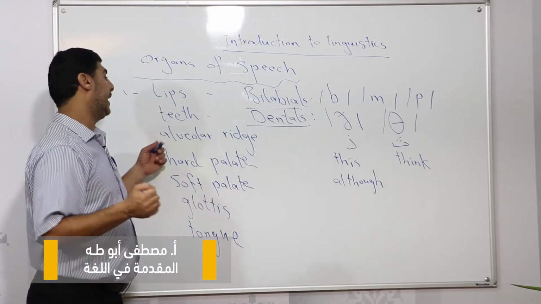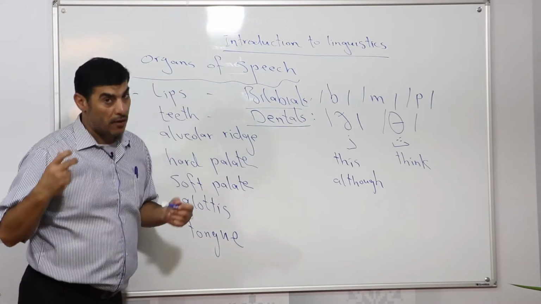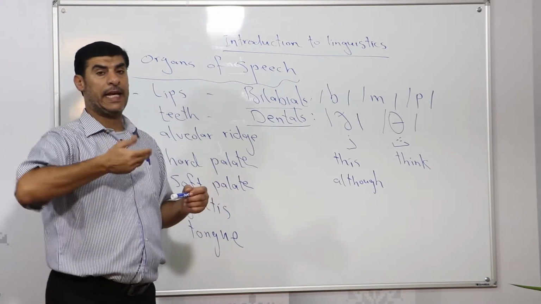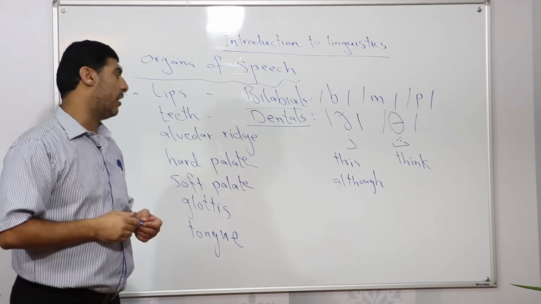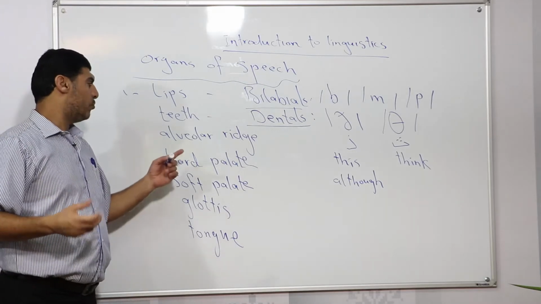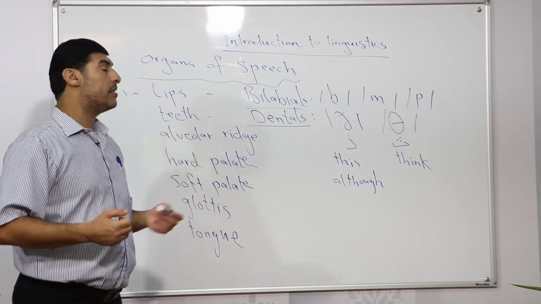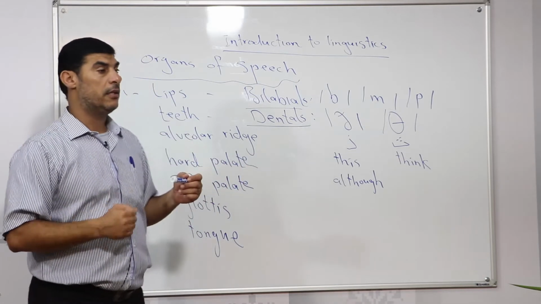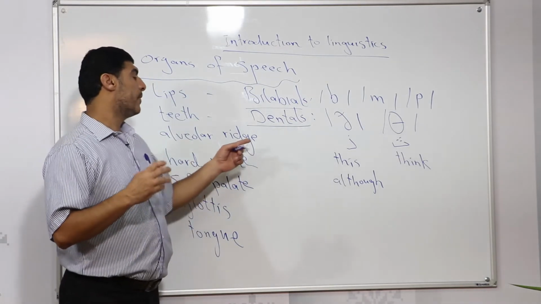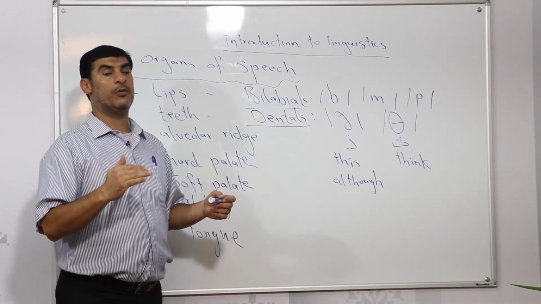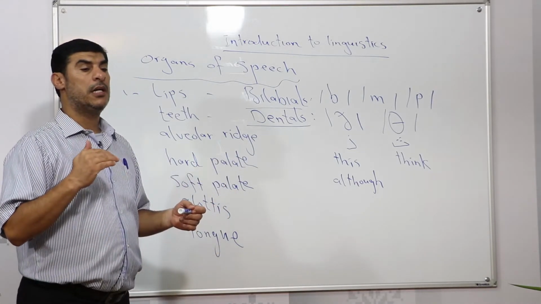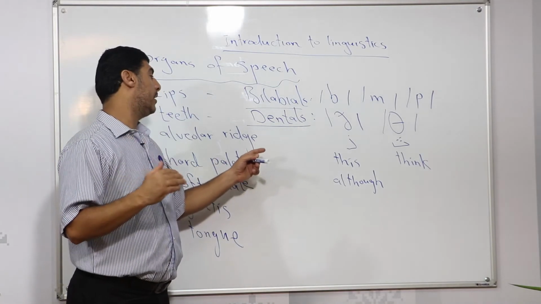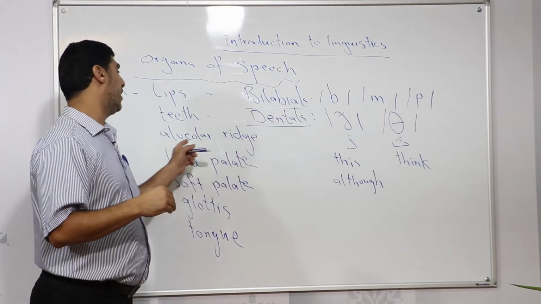Then we have the alveolar ridge. Alveolar ridge in Arabic means الثنايا العليا. It's the area behind your upper teeth. So why is the alveolar ridge important? Well, the answer is that it is important because about 6 sounds are needed when we use the alveolar ridge.